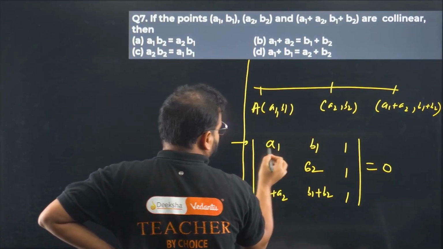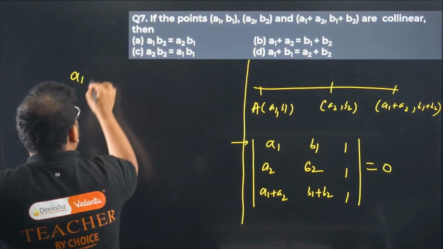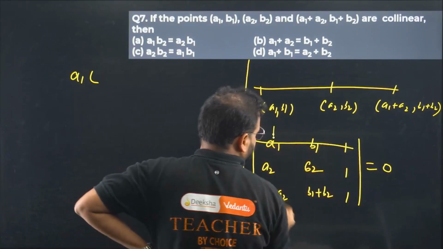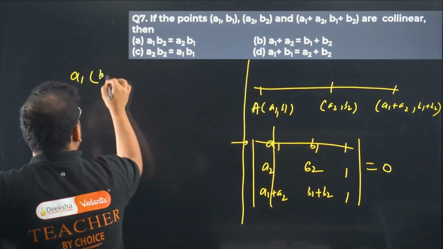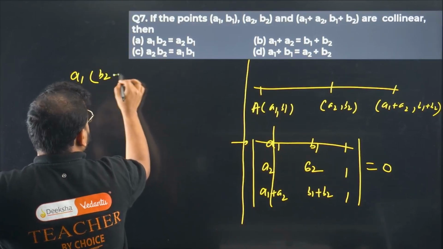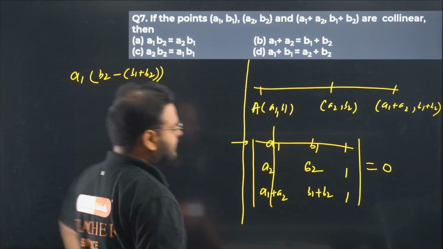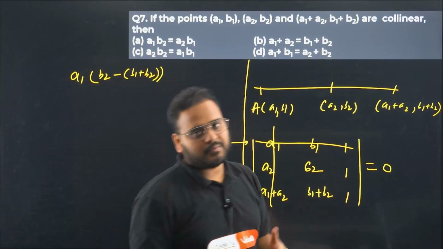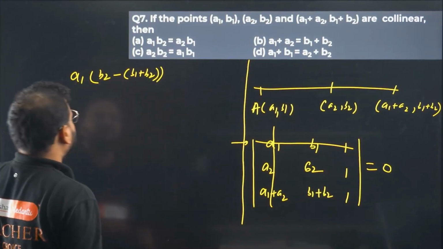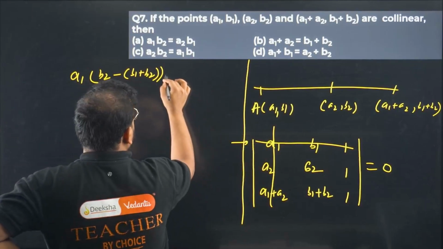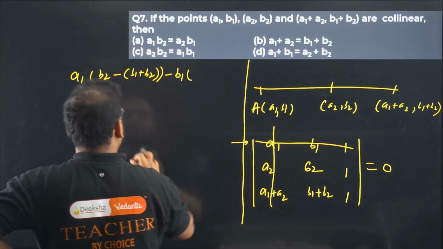For A1, I'll remove this row and column. I get B2 into 1 is B2, minus B1 plus B2. B1 plus B2 into 1 is B1 plus B2. There's a subtraction, that's why there's a minus sign. Next comes your B1 with the minus sign.